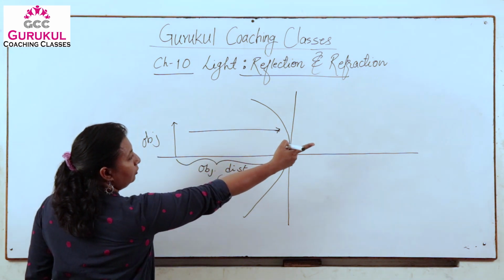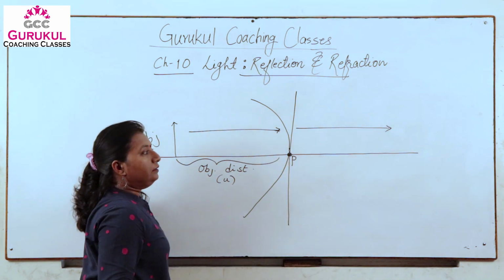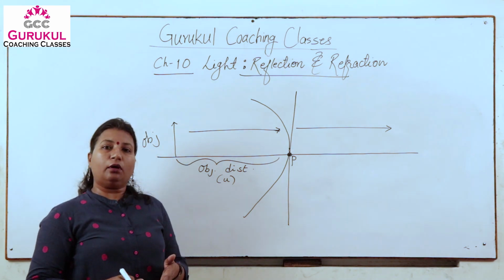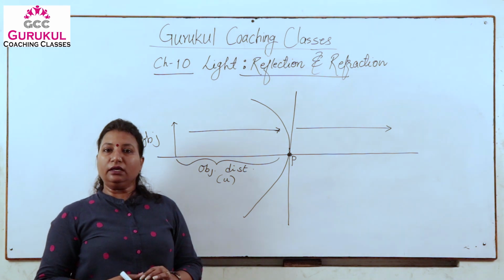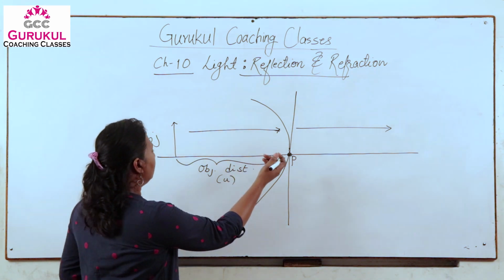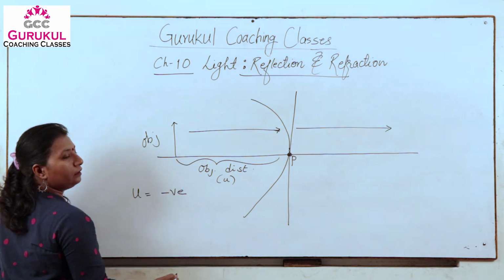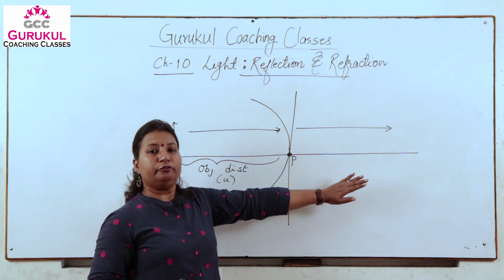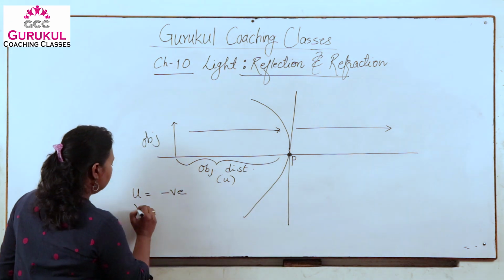In this direction we always take things as positive, meaning the units coming in the direction of the incident ray are always taken to be positive. So we always take U as negative. Suppose the image is formed on this side, then V will be taken as positive.